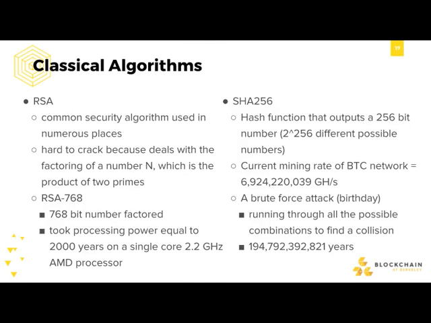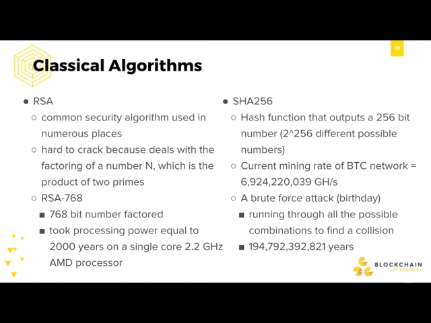So it's talking more about these actual algorithms. A pretty big algorithm is RSA. It's a common security algorithm used throughout the world in many different places. It's very difficult to break with classical computing, because the main problem with breaking RSA is that you have to factor a number n, which is the product of two different primes.